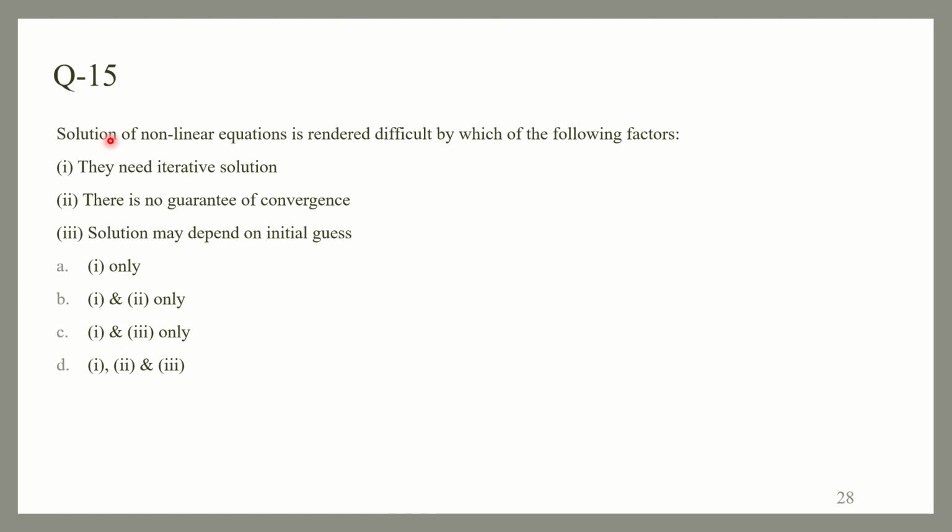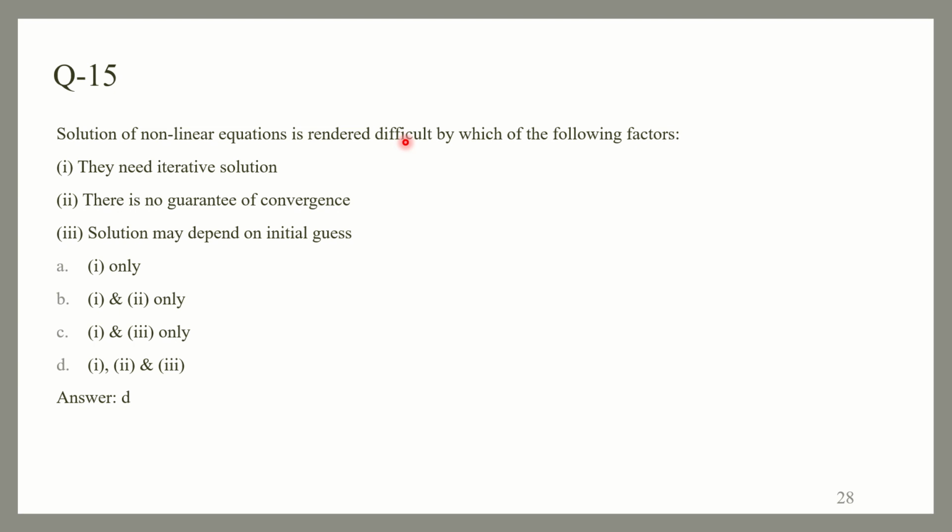Till now we have seen that the equation being nonlinear poses difficulty. In what way is it difficult? First, they need iterative solution; second, there is no guarantee of convergence; and third, the solution may depend on the initial guess. All three are right actually.